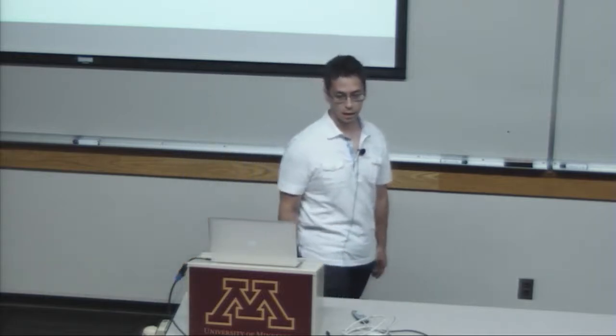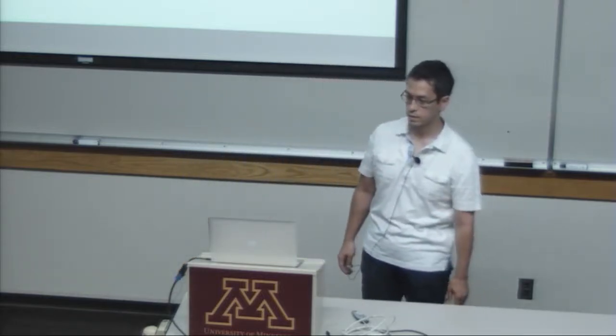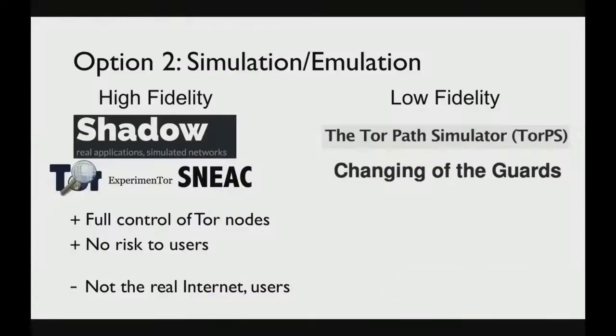Option 2 is, and lots of us do this, some kind of high fidelity or low fidelity simulation or emulation, such as Tor path simulator, TorPS, or the changing of the guards, COGS, if you're just doing path selection type of things. And then if you want the high fidelity stuff, so you get at least down to where there is some kind of network going on, you get Shadow or ExperimenTor or this new thing, SNEAK, that's come out.